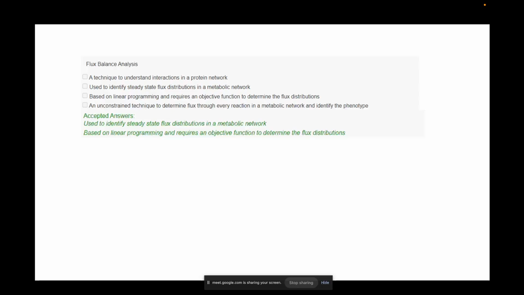What you mean by interactions is basically, is this protein enhancing the expression of this gene, or is this protein decreasing the expression of this gene, or something like that. At that level, FBA cannot do it. So understanding that is actually a prerequisite to FBA.